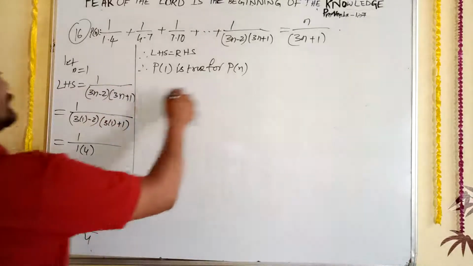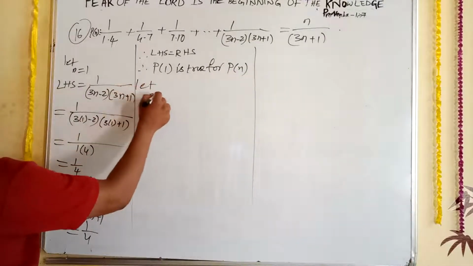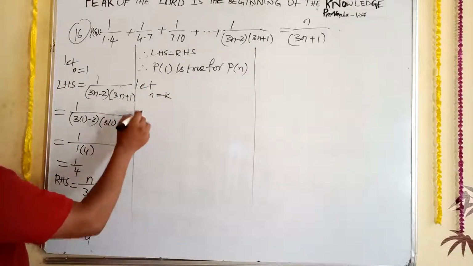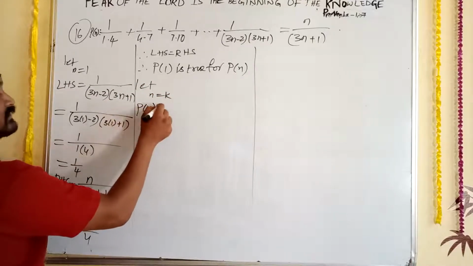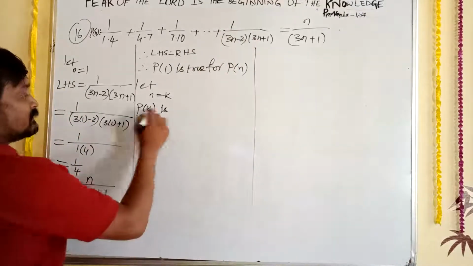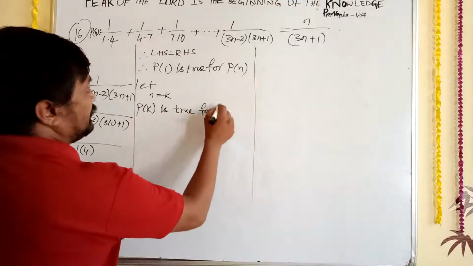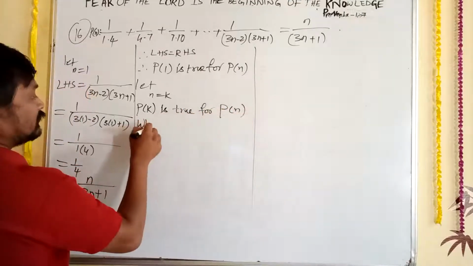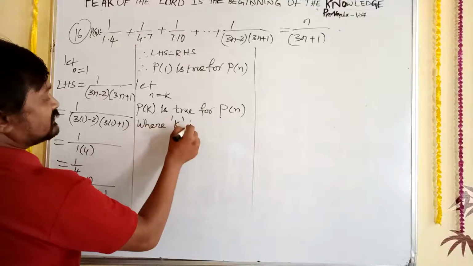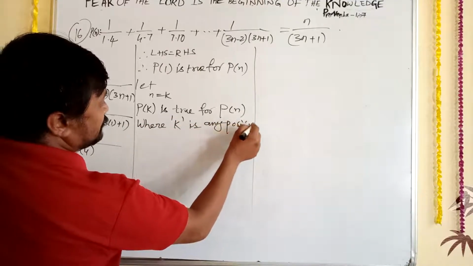Okay, right. Then let n is equal to k, and then we can write P of k is true. This step is common for all problems. P of k is true for P of n, where k is any positive integer.